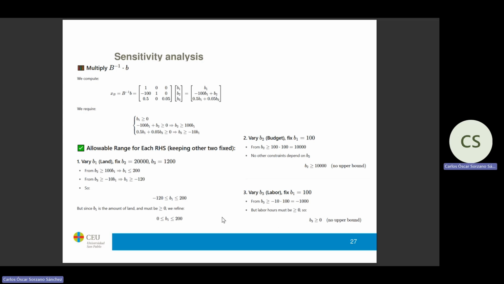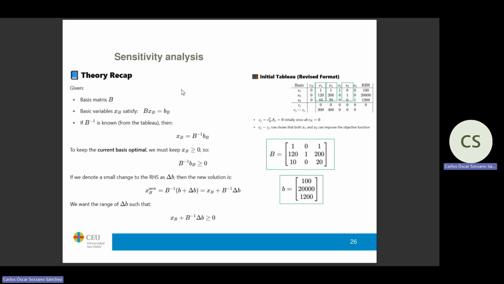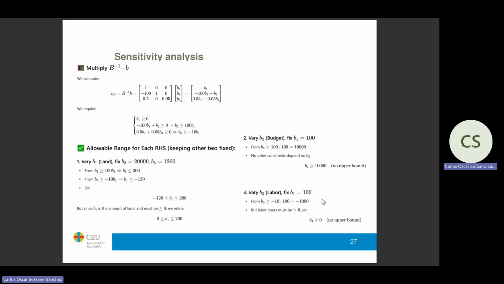Okay, so now multiply B inverse times b. And this is what we get. So we substitute this by b1, b2, b3, so in general. And now we can study for which values of b1 the solution still doesn't change, so the solution is still larger than 0.